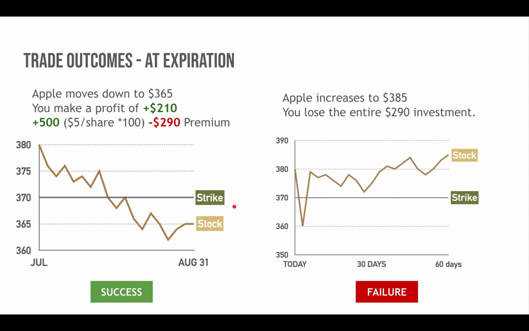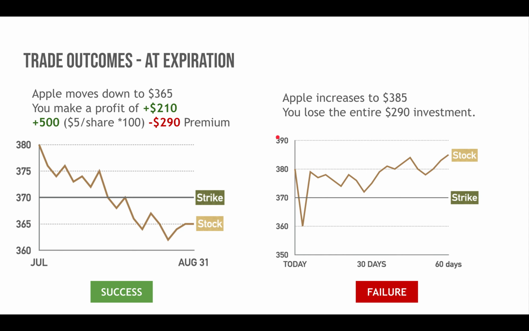What we are doing is we are selling 100 shares at the 370 strike and then buying them back at 365. So we're making a profit of $5 a share for a gross profit of $500. But remember, we paid $290 in premium to buy the contract. So our net profit is $210.